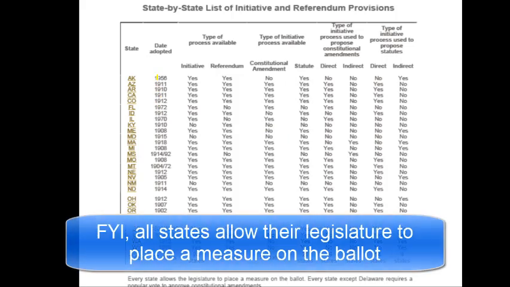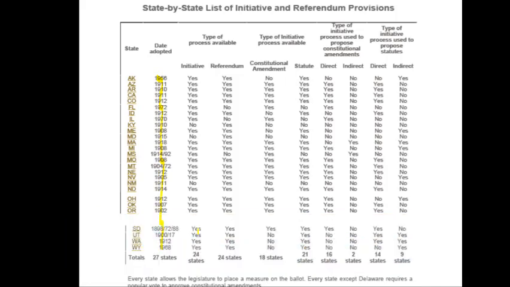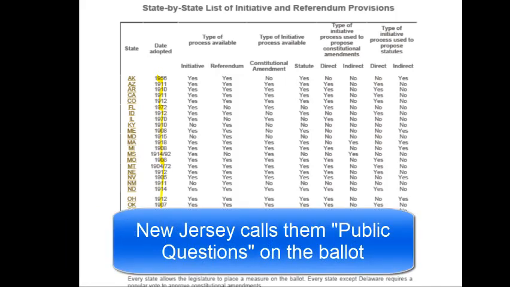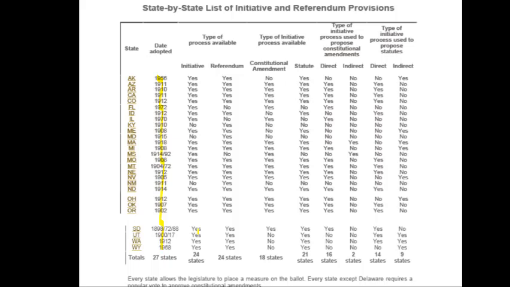As you can see, when you look at these dates adopted here, the vast majority of them were done during the Progressive Era, when we had a pretty major shift in trying to get more people involved in the government. And so since that time, there have been just a few changes and hardly any within the last few decades.